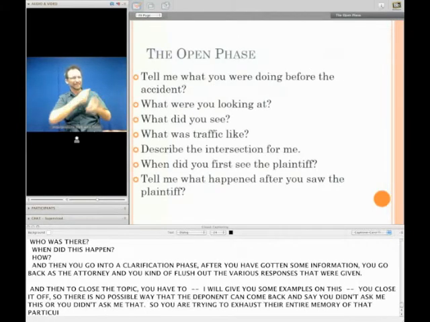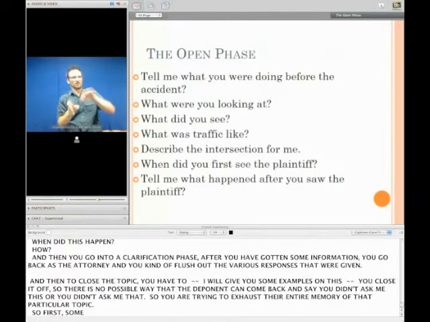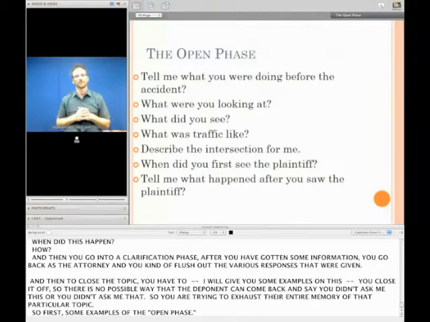So first, some examples of the open phase. Right, so you're getting the general gist of it.